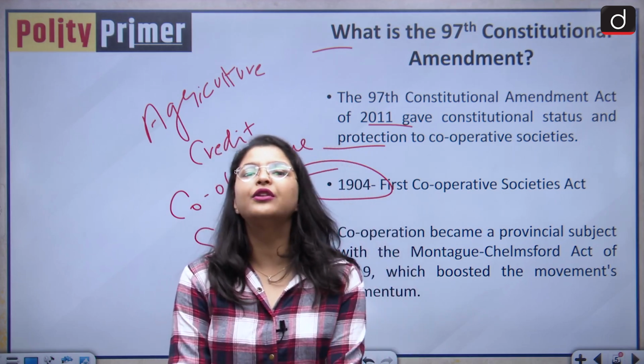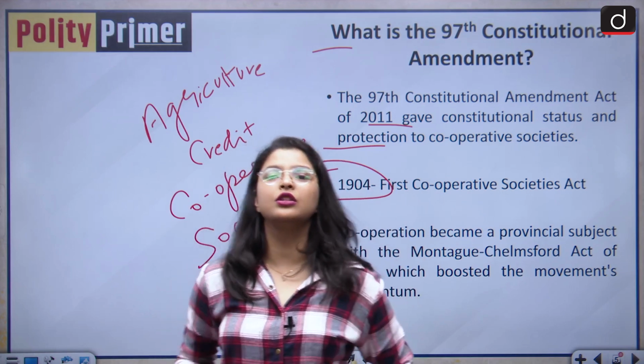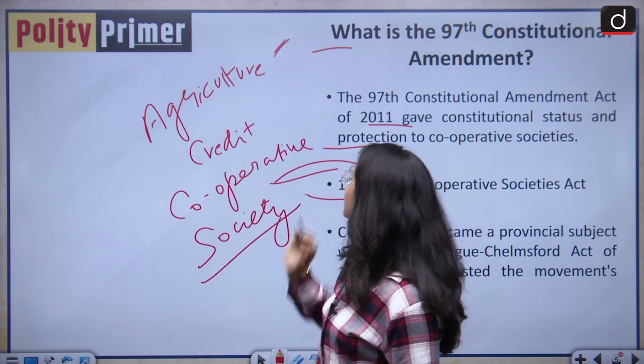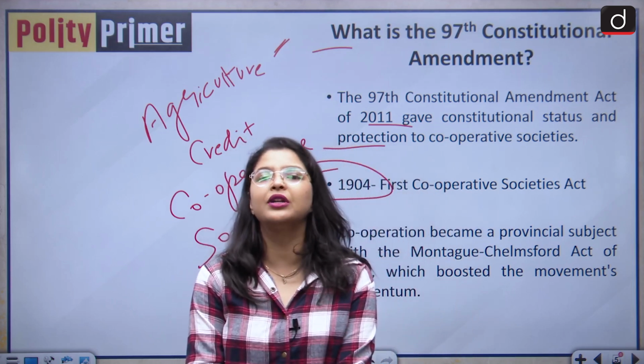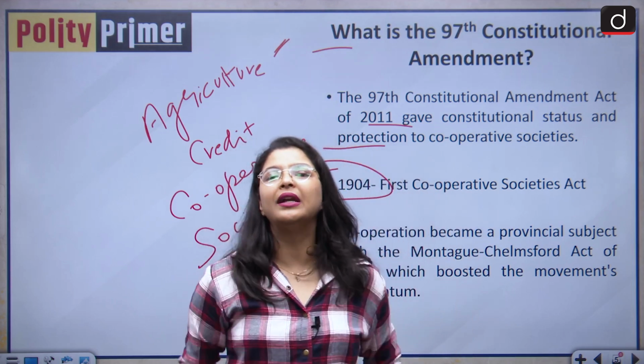So under the Cooperative Societies Act of 1904, this Agricultural Credit Cooperative Society was formed, and this is the very first cooperative society in pre-independent India.